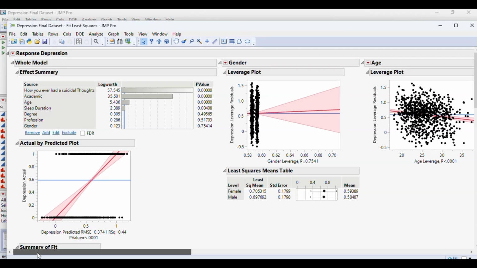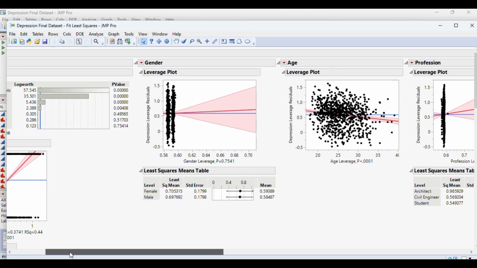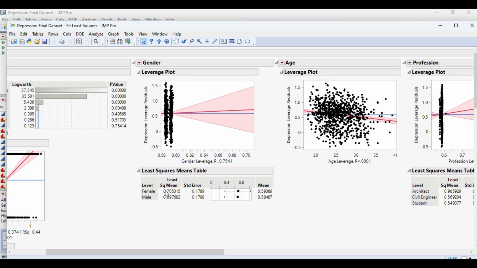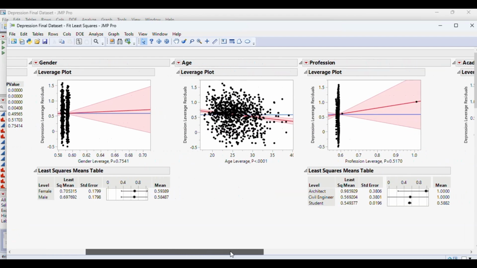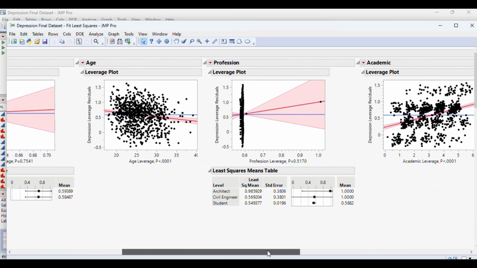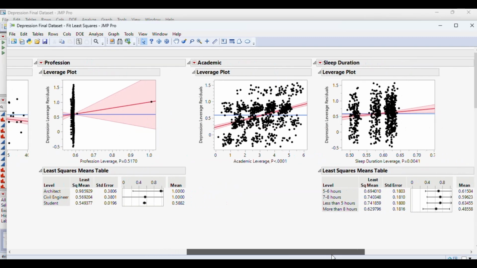By comparing gender we got a least squares mean table: female at 0.70 and male at 0.697. We also have a graph of gender against depression, then graphs for age, profession, academic background, and sleep duration.